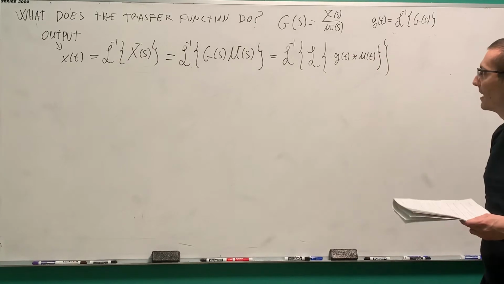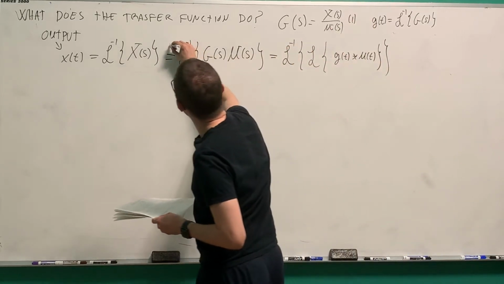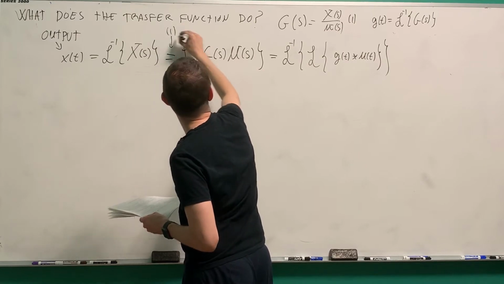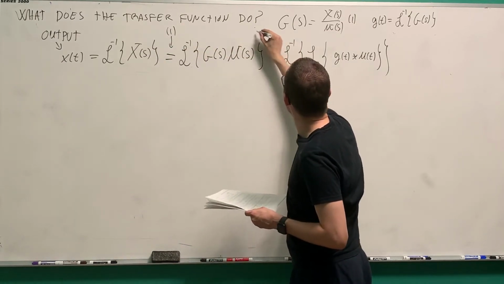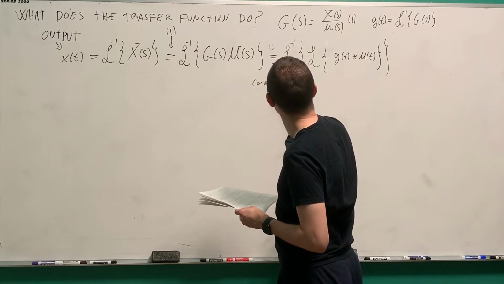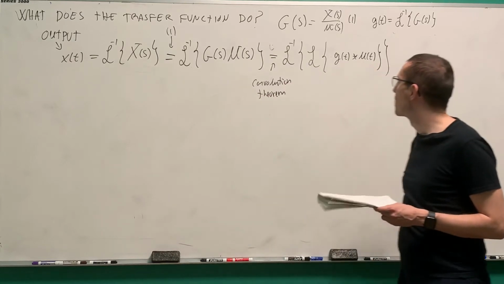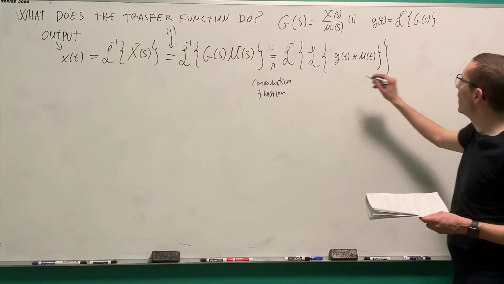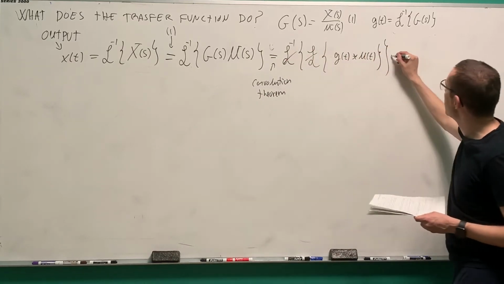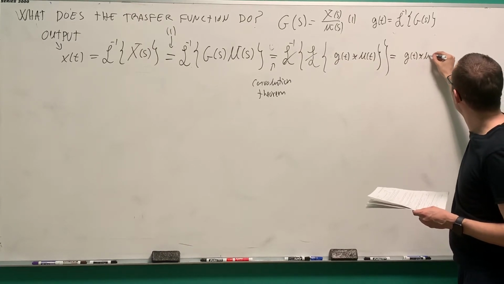Remember? That's it. So here, let's call this equation 1. So here I used 1, and here I used the convolution theorem. The Laplace transforms cancel, and I get that this is g of t convolved with u of t.